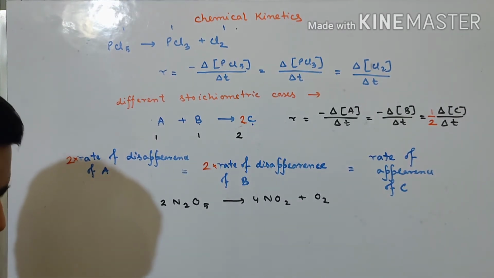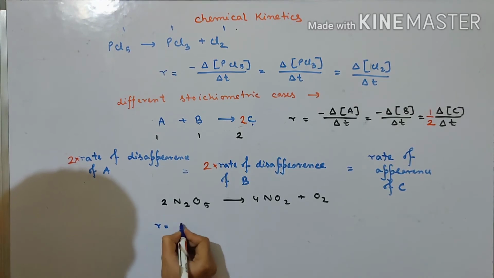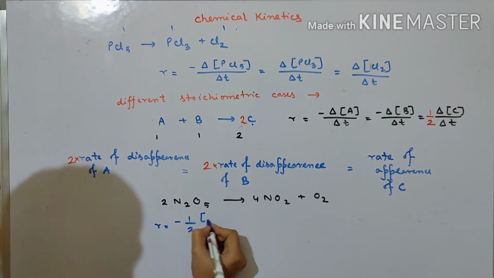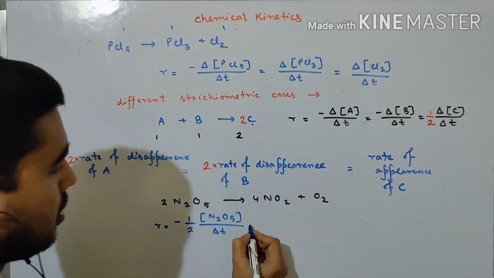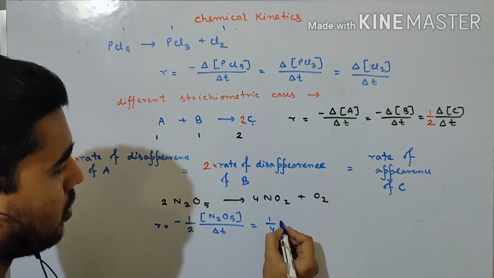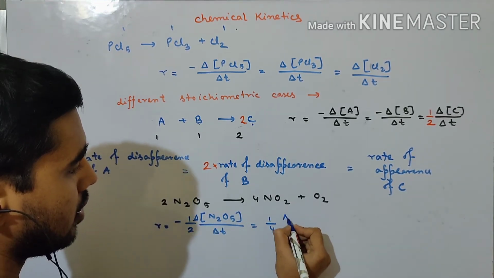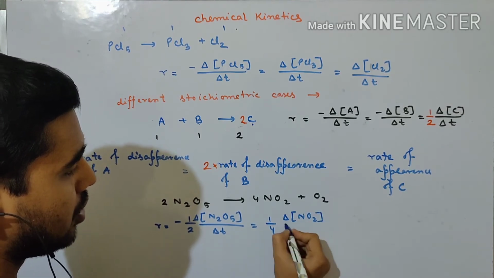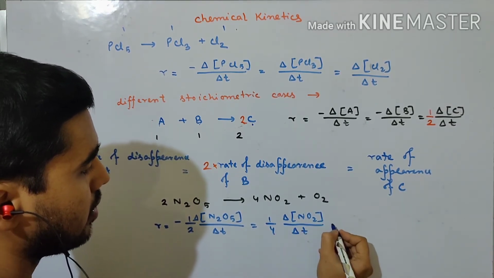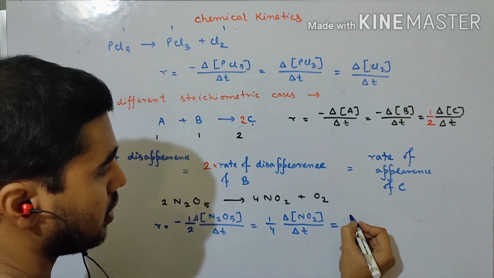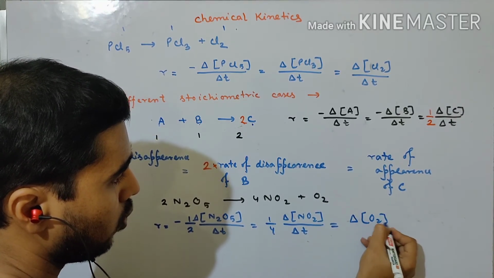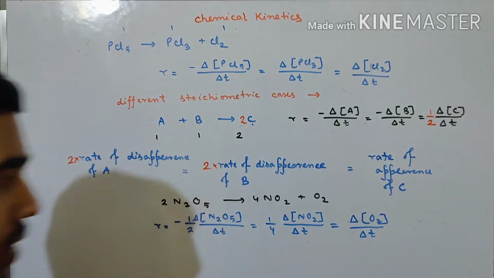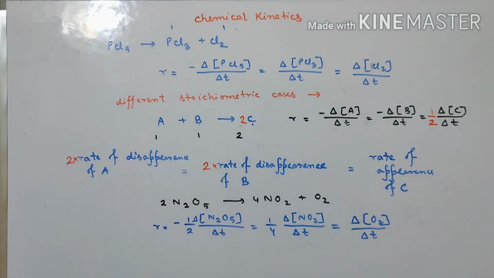We should be able to write down R is equal to minus half delta of concentration of N2O5 divided by delta T, is equal to 1 by 4 delta of concentration of NO2 divided by delta T, is equal to, there should not be anything, 1 only, delta of O2 divided by delta T. So this is how we can write down for any reaction depending on the molar coefficients.